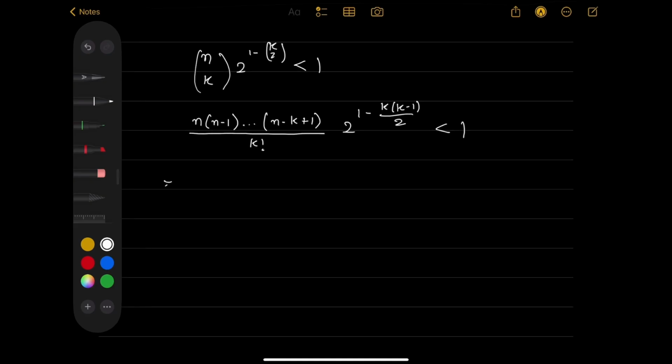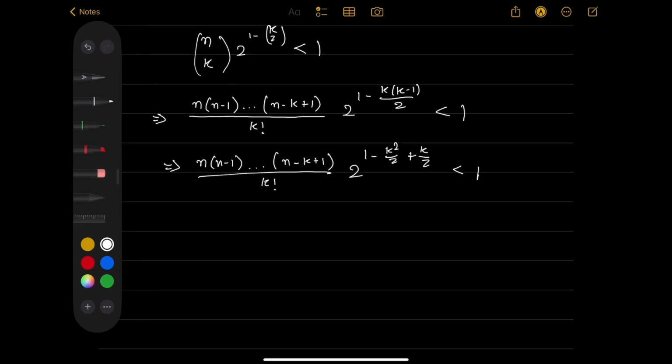And this implies what? n times n minus 1 up to n minus k plus 1 over k factorial, times 2 to the power 1 minus k squared by 2 plus k by 2, is less than 1, okay?